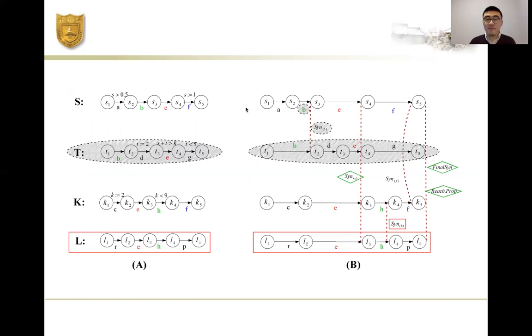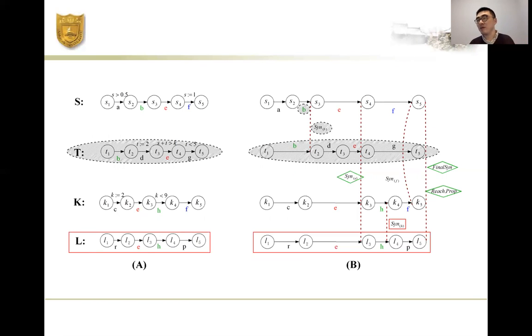For example, take a scenario with different components like S, T, and K. Say S, T, and K are components in the first level, and in the second level, L comes out. L joins the system, and T quits from the system.